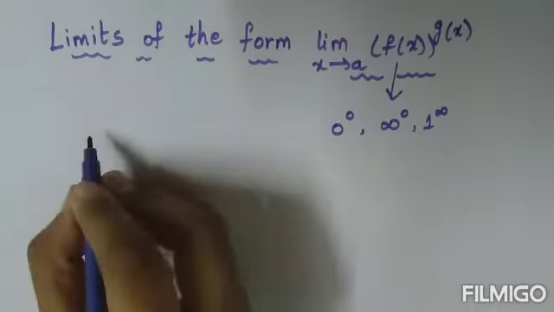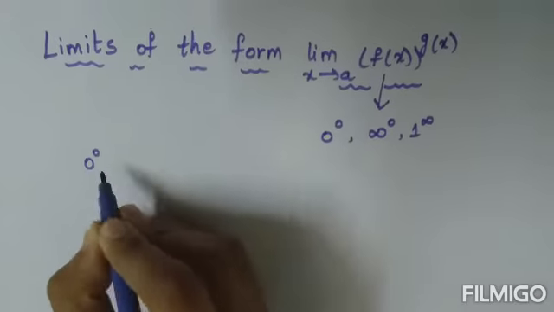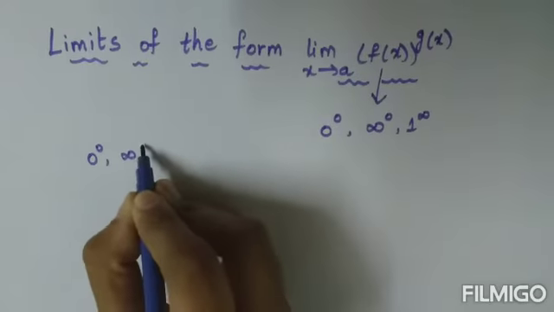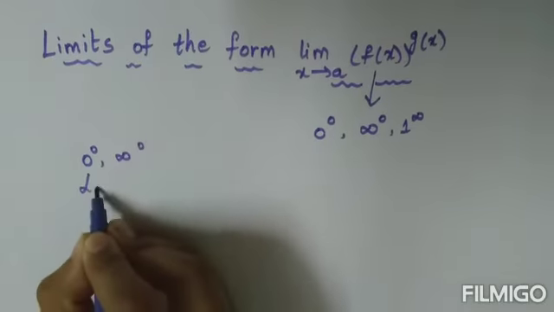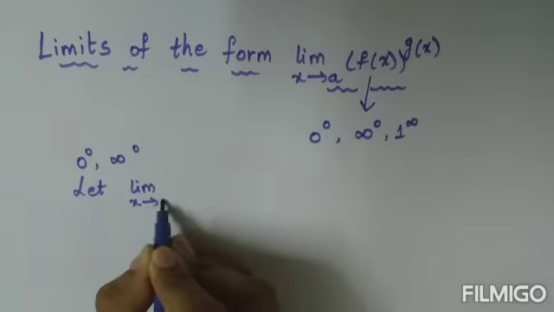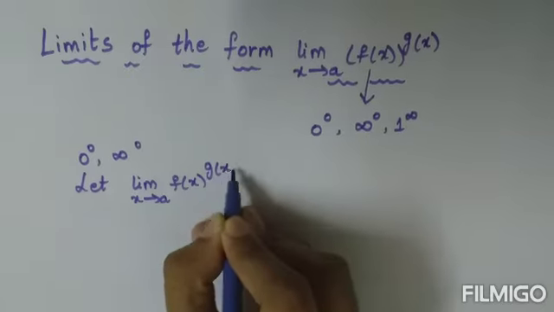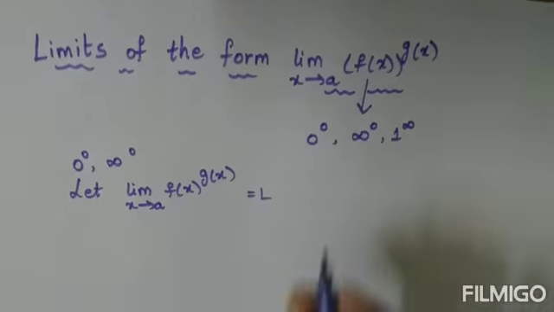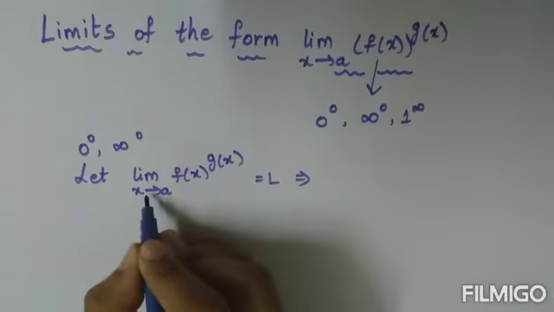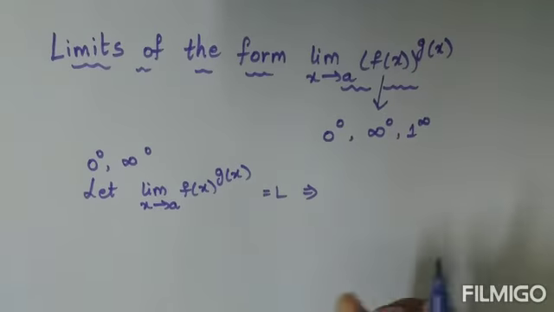If the function f of x power g of x is of the form 0 power 0 or infinity power 0, first we have to assume that limit x tends to a, f of x power g of x is some L. In the next step we have to apply logarithm on both LHS and RHS.